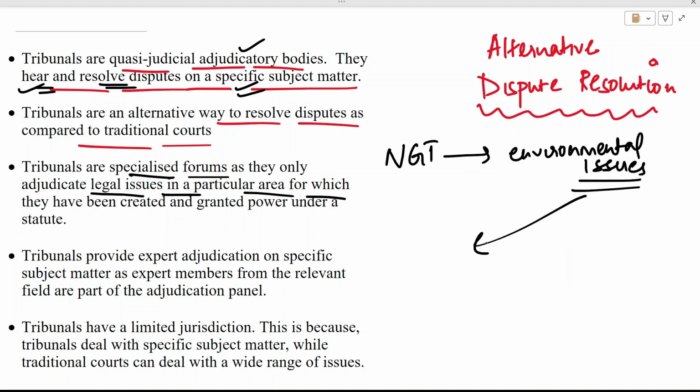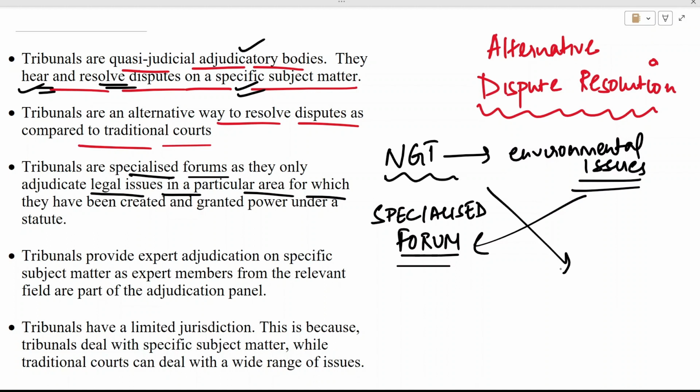So, which makes NGT a specialized forum. And where does NGT get the power to adjudicate environmental issues from? See, every tribunal is established under some law. If you talk about tribunals, then any tribunal which is established has a corresponding law to it.